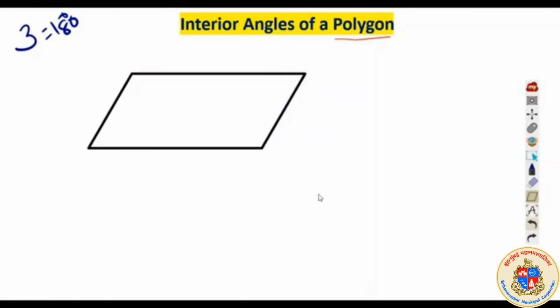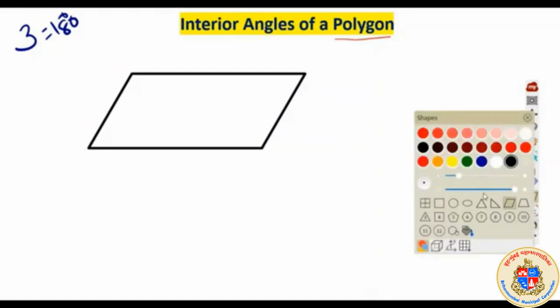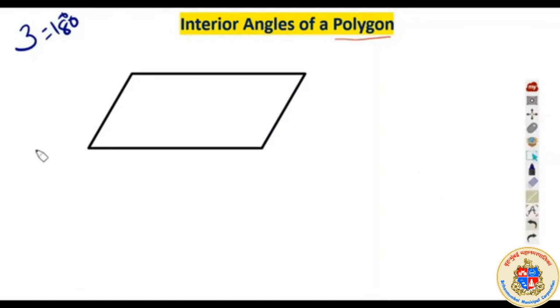For that we need a protractor, but there is another idea. The idea is simply to divide this figure into triangles, because one triangle has 3 angles totaling 180, which we know. So now there are 2 triangles in this.